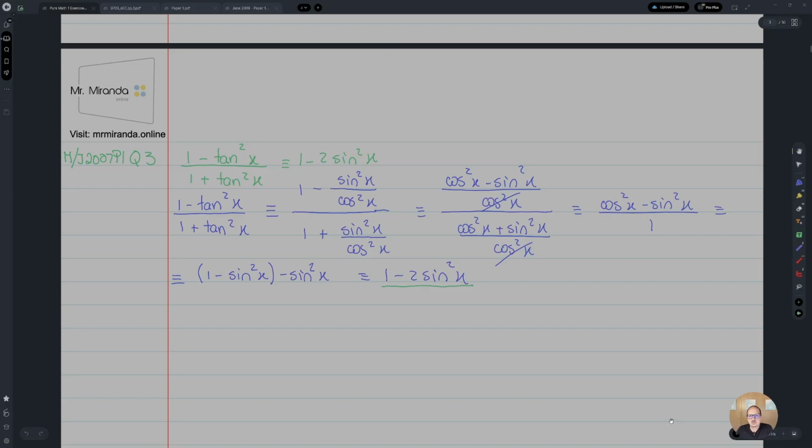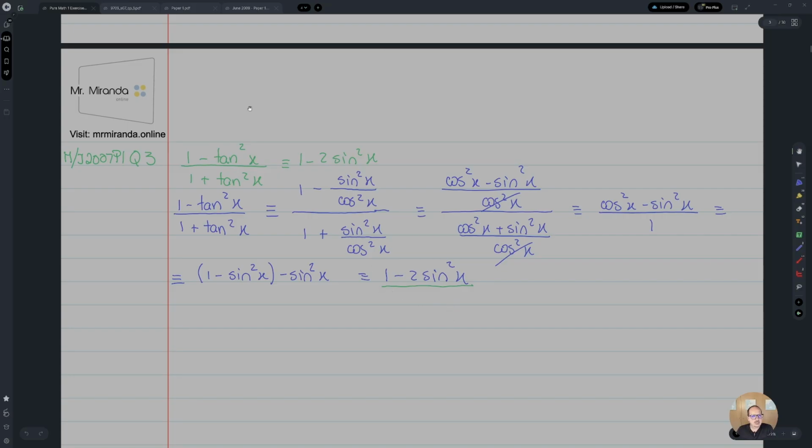And now what do you have? This is not what you want yet. You don't have anything with cosine in your final answer, so you have to get rid of that. How do you do that? You know that cosine square of x equals 1 minus sine square of x. That's what I wrote over here. Now I have everything in terms of sine square of x, and I reach the final answer.